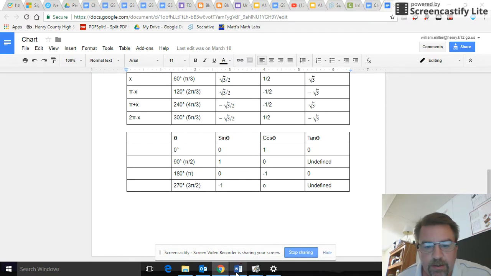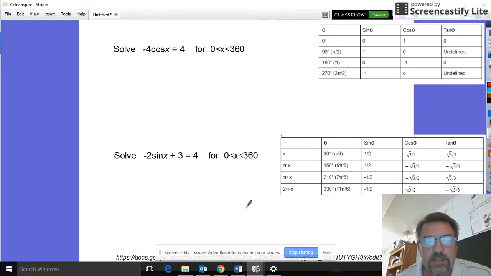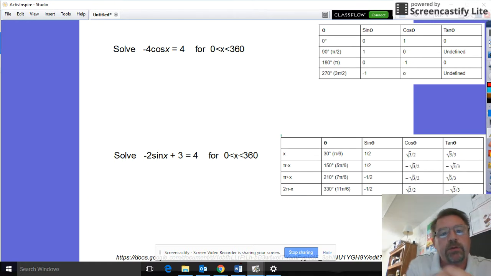But for the video, I just cut out the portions we need for the solution because I couldn't fit that whole chart on there. Okay, so let's take a look at how we would go about solving these and then what we do to get the answer at the end. Now, remember, you need to get the cosine function alone first.